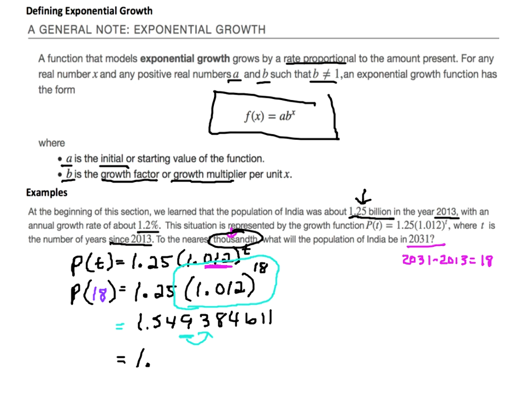So this is equal to 1.549 billion people. So in 2031, it is predicted that there will be 1.549 billion people in India. If you want a better idea of what that number is, that's 1,549,000,000.